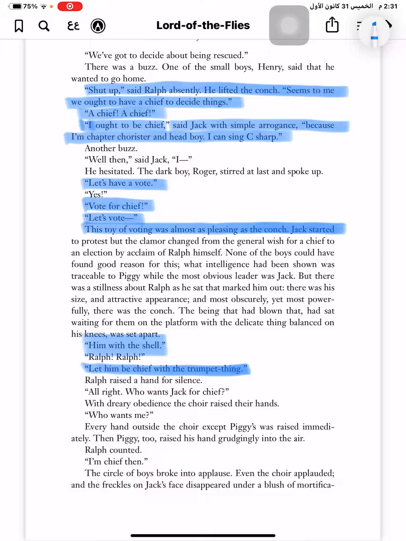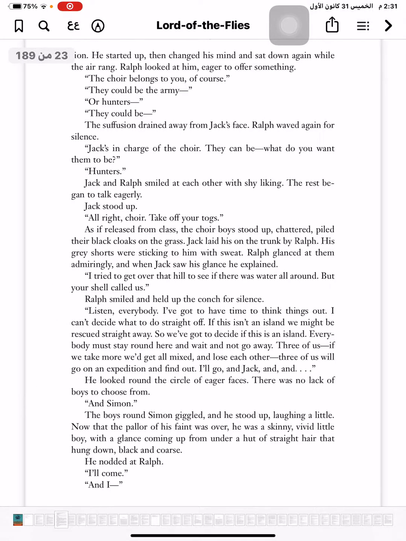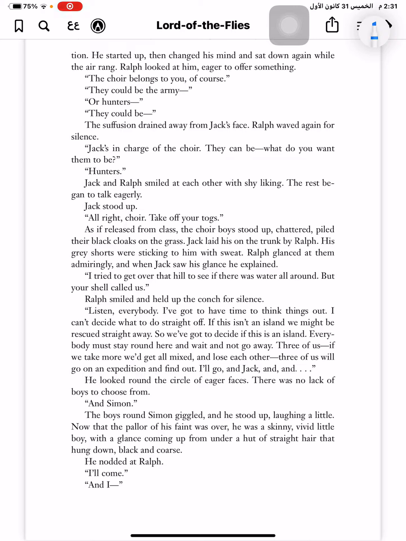That's why Jack realizes this fact, and he is trying to show the others that he is really powerful when he snatched from behind him a sizable sheath knife and clouted it into a trunk.